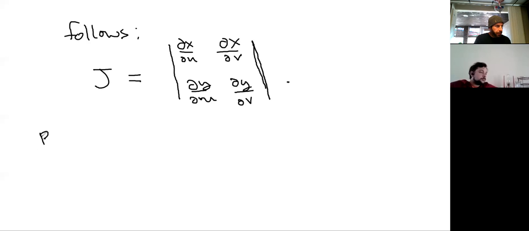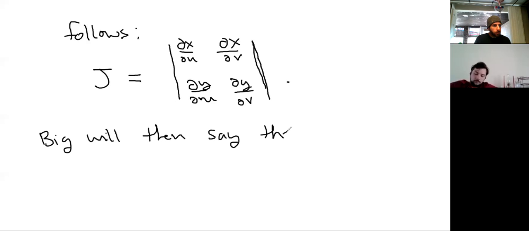And so what is the big theorem going to say? It will say the following. It will say dx dy has the following result. So keep in mind, we already know what happens in polar. It's r dr d theta.